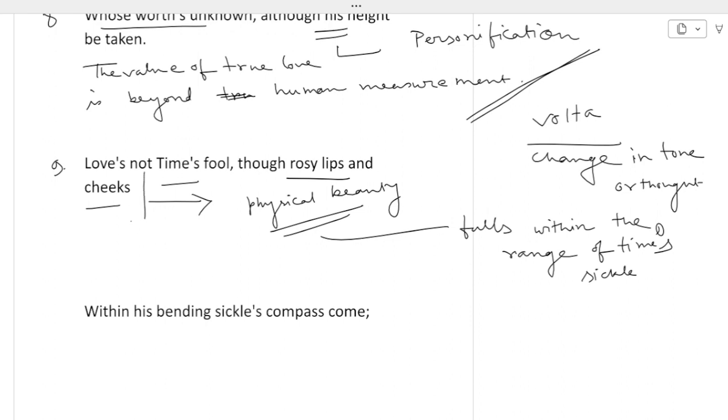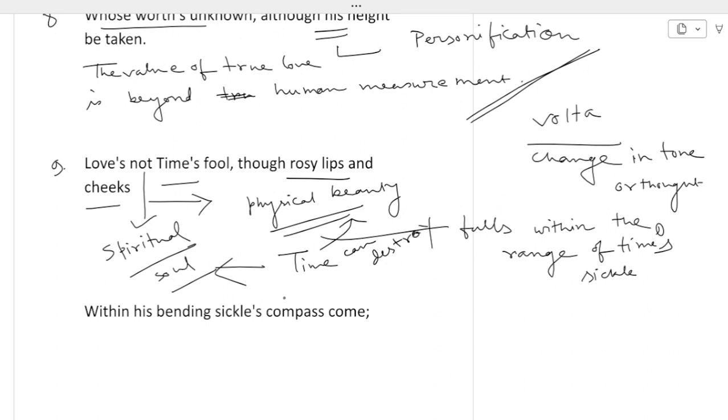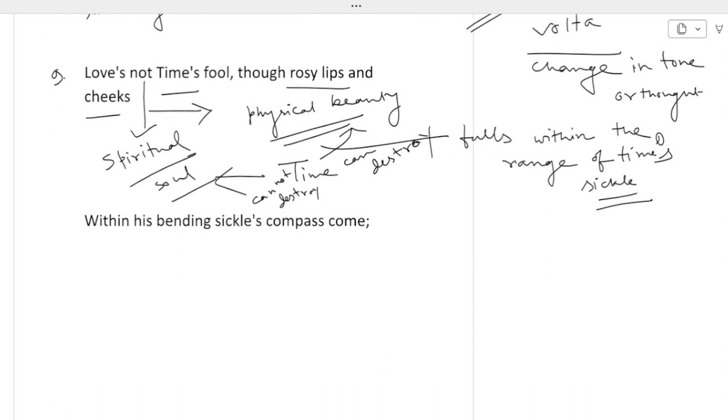But true love is something spiritual, connected to our soul, and time cannot destroy this part. Time can destroy physical beauty, but it cannot destroy love. Within his bending sickle's compass come. We have already used this word sickle because in the next line it is about to come.